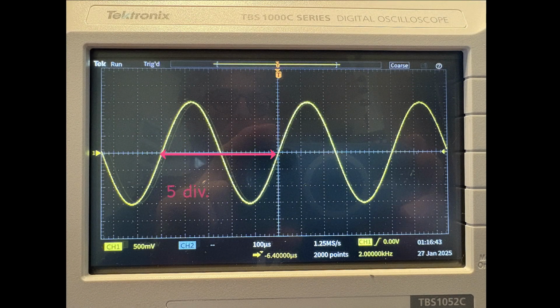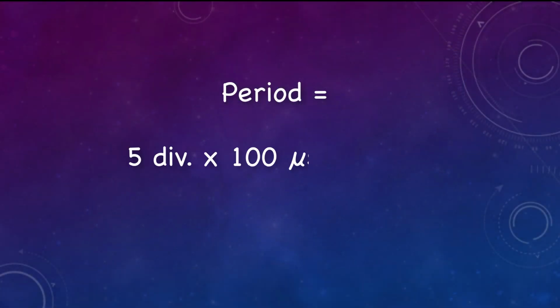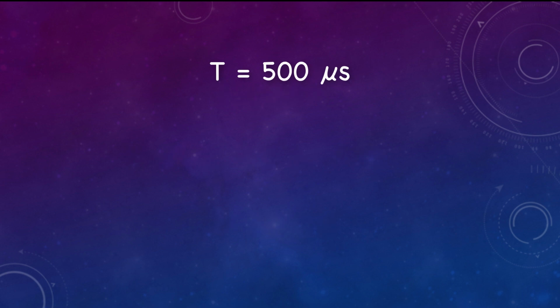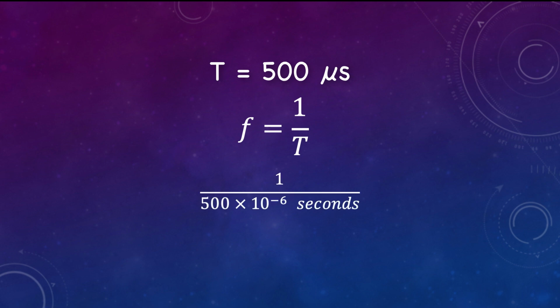The length of one cycle of the waveform is 5 divisions from left to right, so the period would be 5 divisions times 100 microseconds per division equals 500 microseconds. If you know the period, you can calculate the frequency using the equation F equals 1 over T. So the frequency of the sine wave would be 1 over 500 times 10 to the minus 6 seconds equals 2000 hertz.